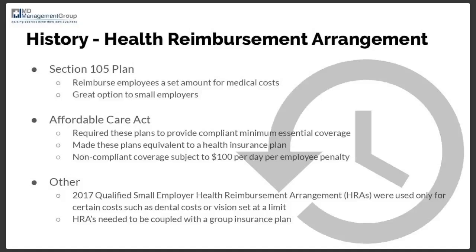So instead, what we did was we would set up a group health insurance plan, we would say the corporation will have that plan, but all employees have to pay 100% of the premiums. And then we would have a flexible savings account, a Section 125 plan, that would allow the employees to take money out of their paychecks each pay period to pay for that health insurance.